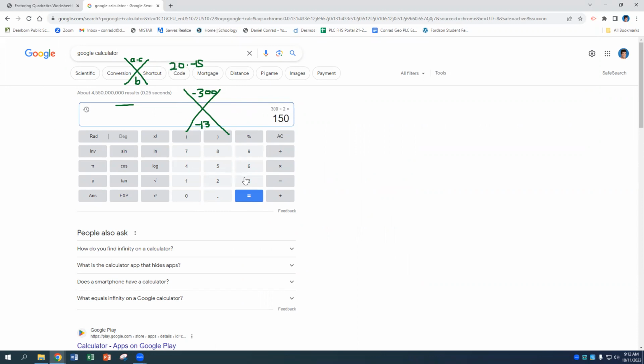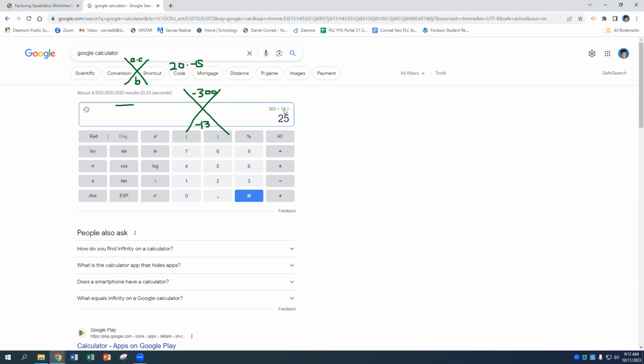So 2 and 150, that's not going to work. I could try 10. The distance between 10 and 30 is 20, so that's not going to work. I could try 20, maybe. 20 and 15, the distance there is 5. So I need to keep looking, maybe 12.